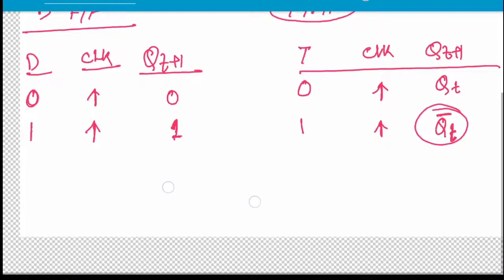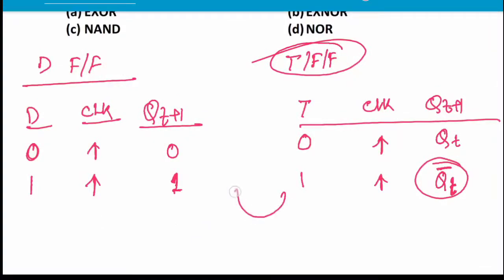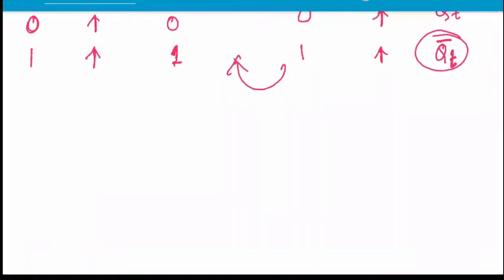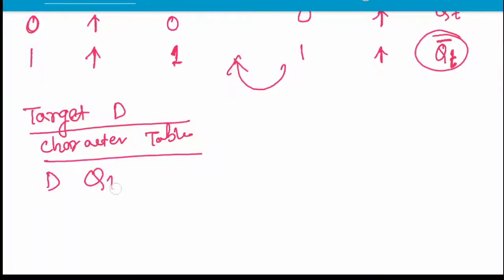So we have to convert a T flip-flop to a D flip-flop. Our aim is to convert to a D flip-flop. So I will write here the characteristic table of the target, the D flip-flop, that is D, QT, QT plus 1.